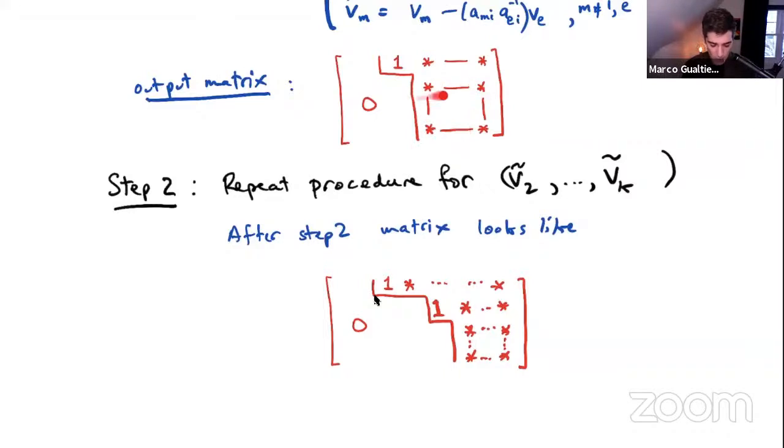I need to find which vector here has the earliest non-zero coefficient, and I need to put it in the first row. So that's what happened here. I looked through and I found this row that had an early non-zero coefficient. I put it first, and then I cleared out, using shears, all of the rows beneath it.